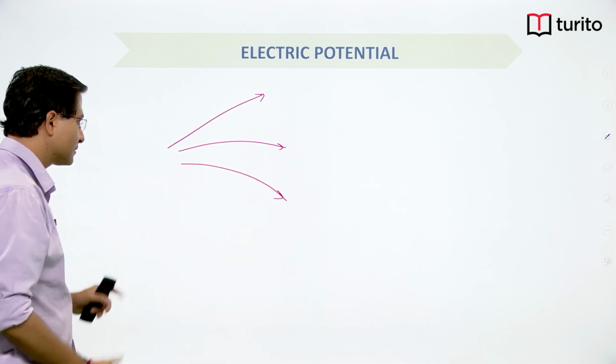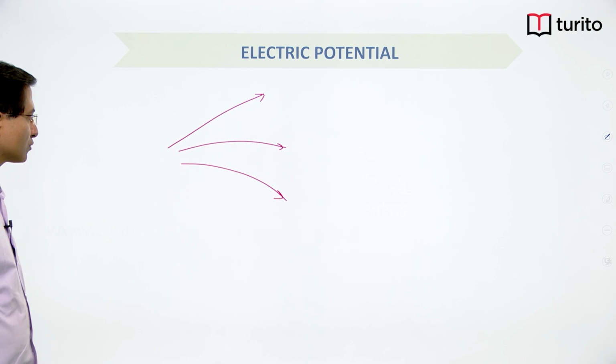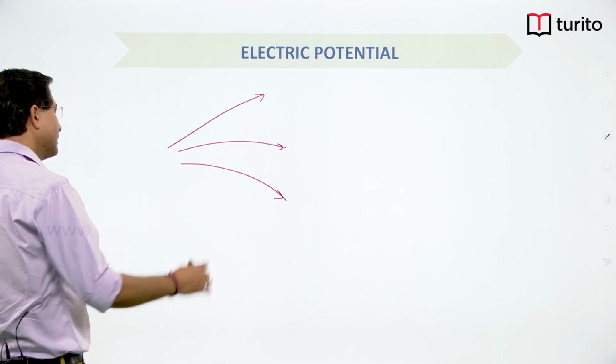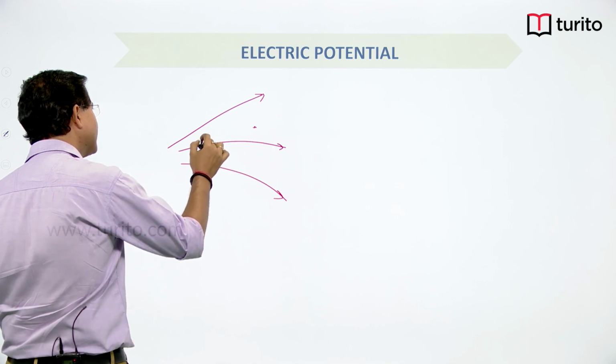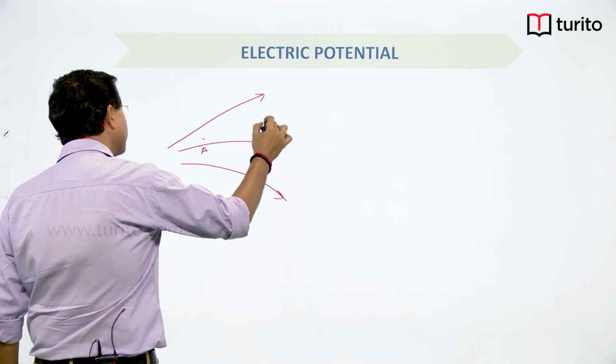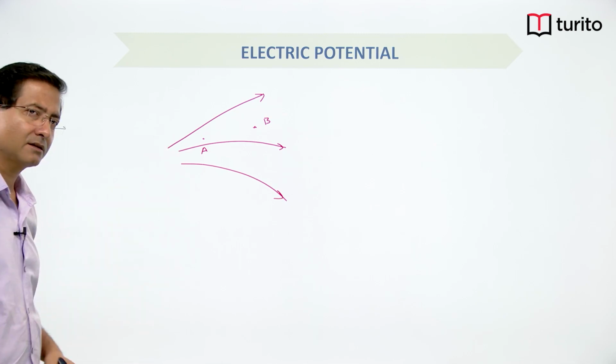So let us visualize by field lines. What I am saying is, if you are interested in finding the potential difference between these 2 points, you are calling this A and this B. What is the procedure to find out the potential difference?